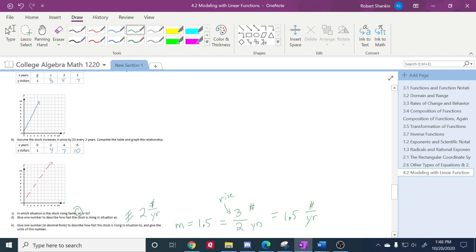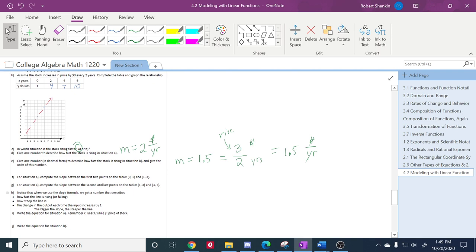Is how fast every year that goes by, it's going up $2. And this one has a bigger number. So that, talking about its rise, the bigger the number, the faster the rise is. And you also had said an M over here, because these are slopes. Bigger the slope number, faster the rise.